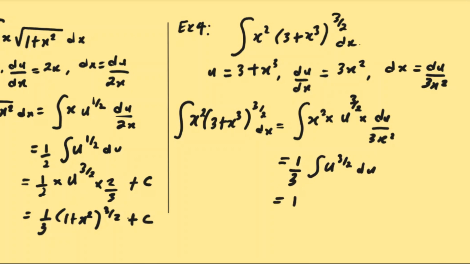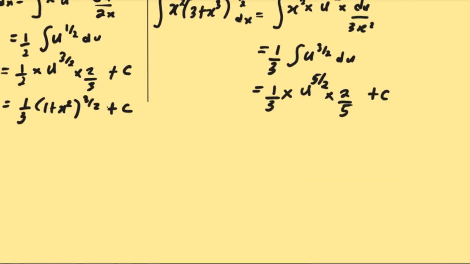So this will give us 1 over 3 times u raised to the power. If you add 1 to the power, that will be 1.5 plus 1, which is 2.5, that's 5 over 2. So that's 3 over 2 plus 1, divided by 5 over 2, which will be times 2 over 5, plus an arbitrary constant c.